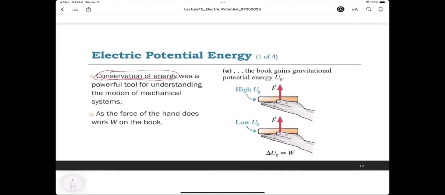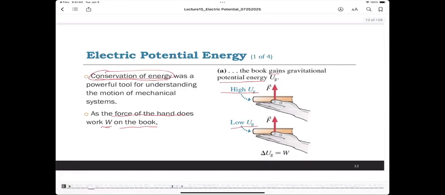As the force of the hand does work W on the book, the book gains gravitational potential energy, from the low U_G to the high U_G.